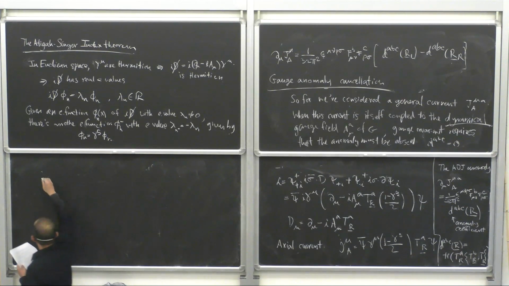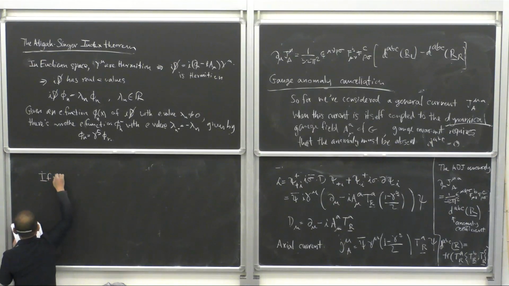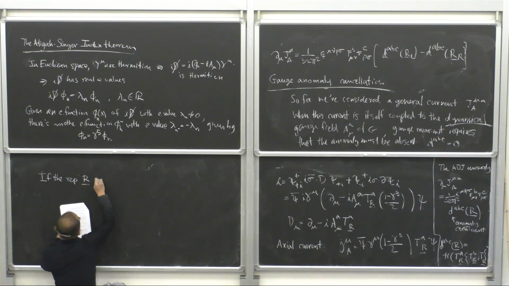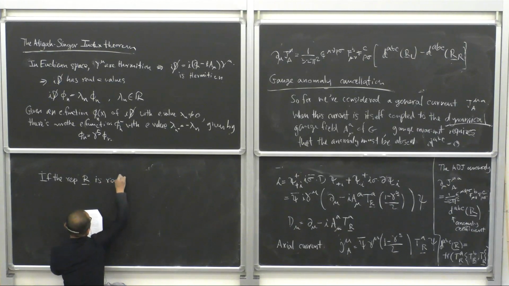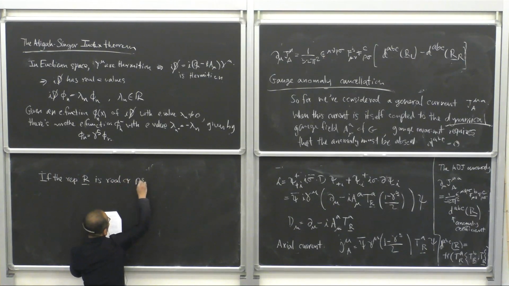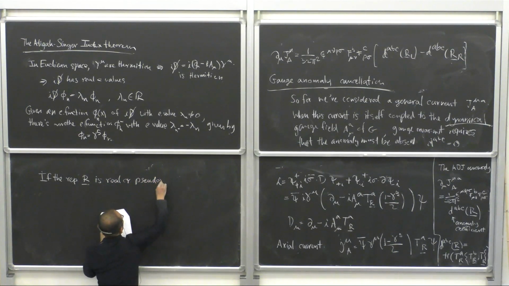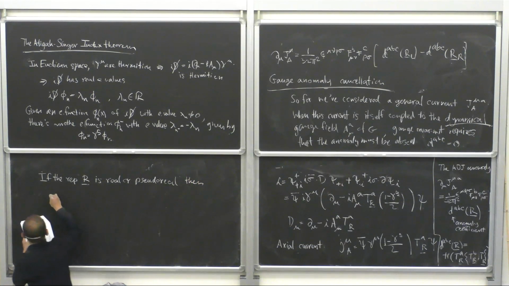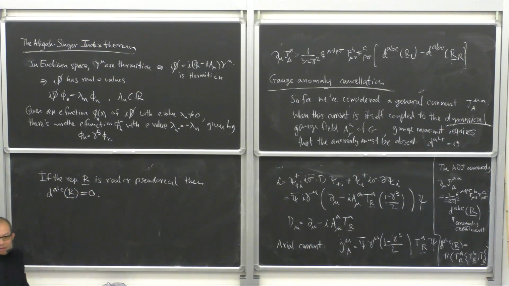So if the representation R is real or pseudo-real, then d^{ABC} of R is 0. So one way to cancel this anomaly is to put things in a real or pseudo-real representation.